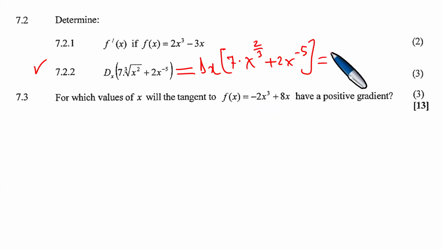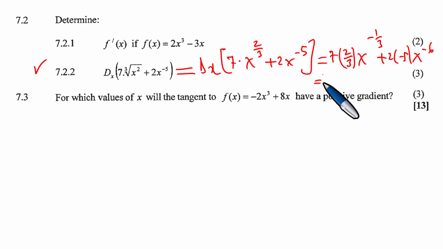You find the derivative of this one, which is 2 over 3x, you subtract a 1, plus 2 times minus 5x to the minus 6. 7 times 2 is 14 out of 3, and then x to the minus 6.